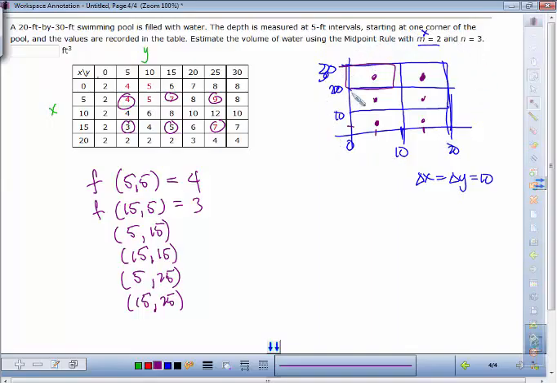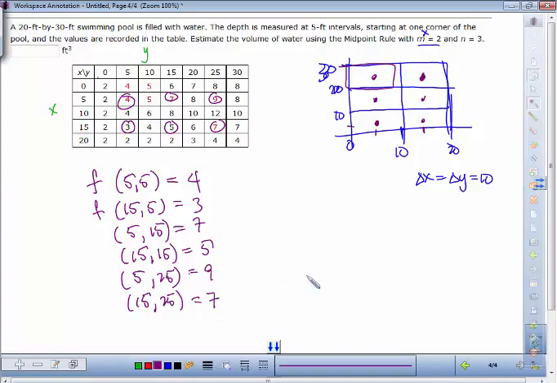Set up our x and y, x horizontal, y vertical. And then you can get these values. So the 5, x is 5, y is 15 is 7, and then 15 and 15 is 5. 5 and 25 is 9. 15 and 25 is 7.